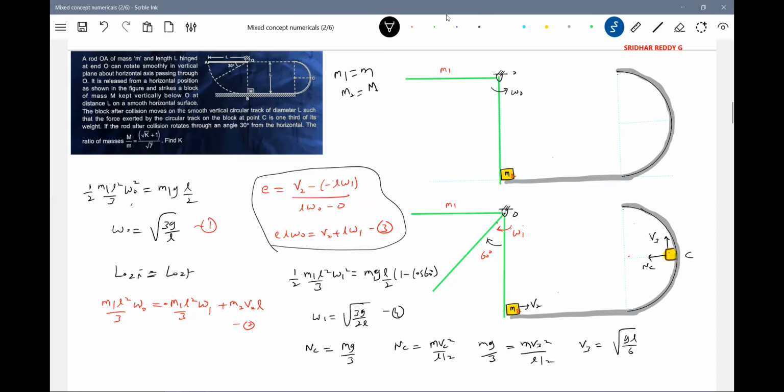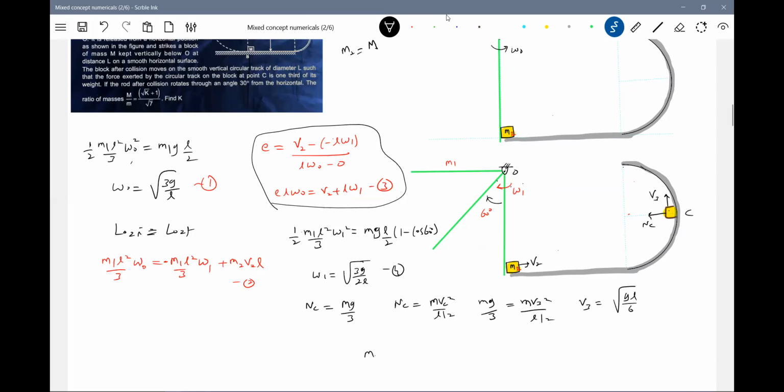Applying conservation of mechanical energy, half M2 V2 square equals M2 g L by 2 plus half M2 V3 square. The halves get cancelled, so V2 is equal to root of GL plus V3 square, or GL plus GL by 6, 7 GL by 6.